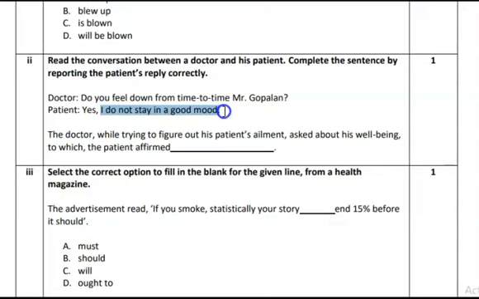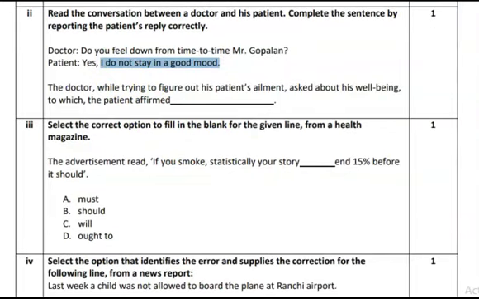I am clueless here. If I were a student, I would have changed it into yes, affirmed that he did not stay in a good mood. So this is beyond my understanding. It's not showing a habit, nor any universal truth. So that is a little confusing for me.